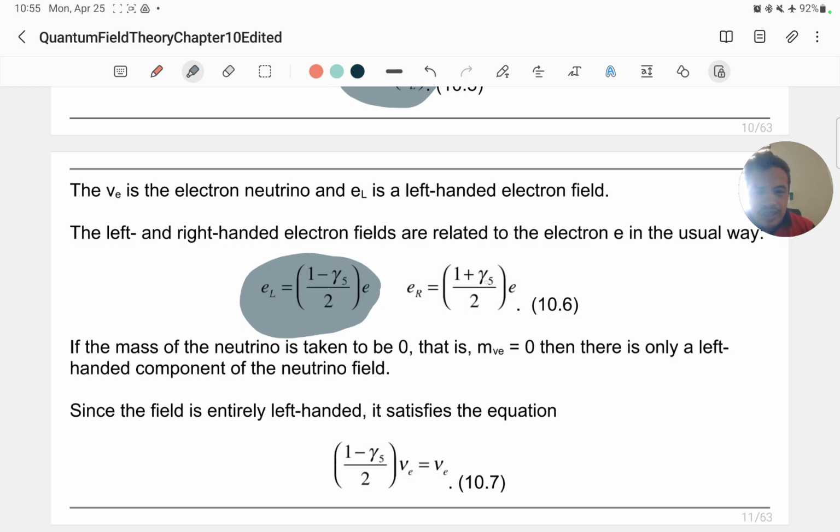And for the right-handed electron, you just multiply 1 plus gamma 5 divided by 2. So again, if the mass of the neutrino is taken to be 0, then there's only a left-handed component of the neutrino field, because being massless, you cannot change its handedness.